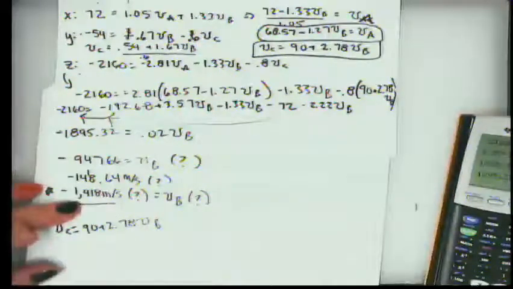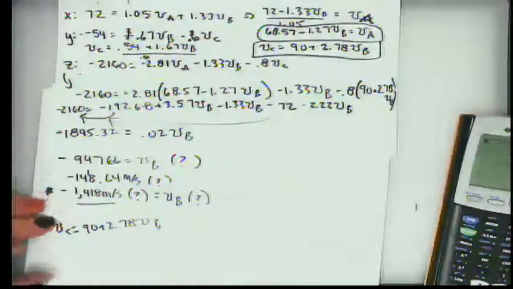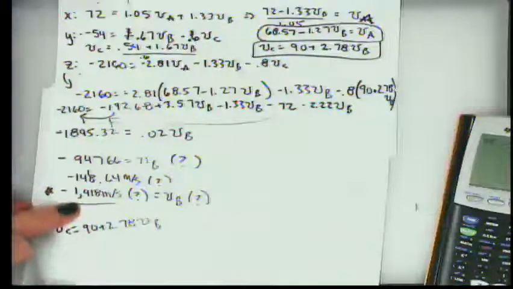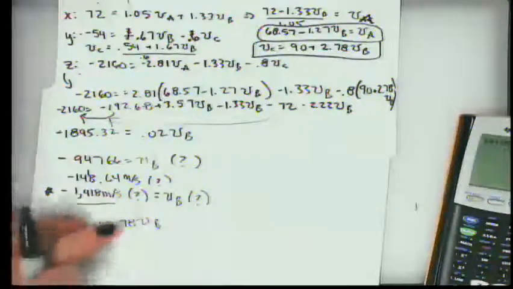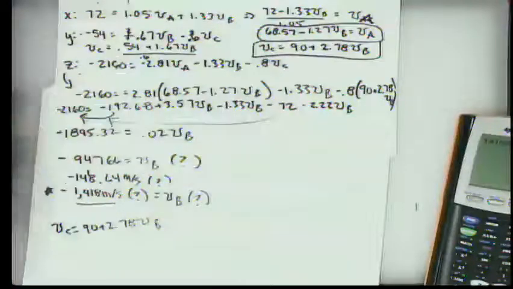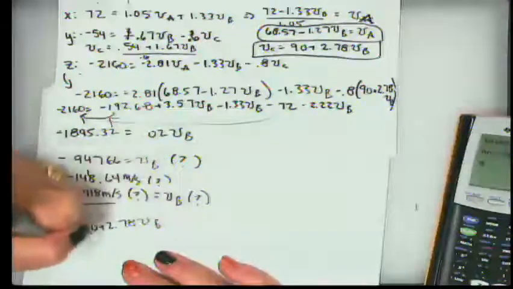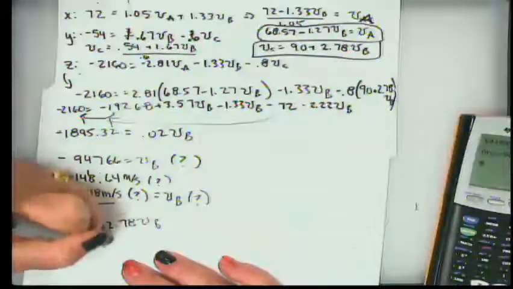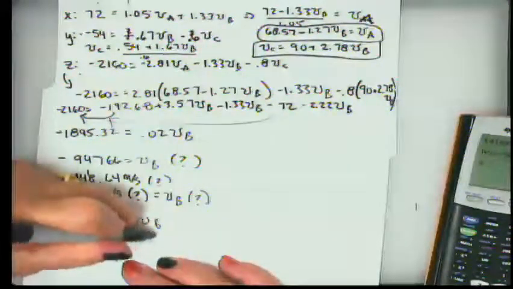So we get 1418 times 2.78, and that would be minus. So that would give me a negative 3852 meters per second.